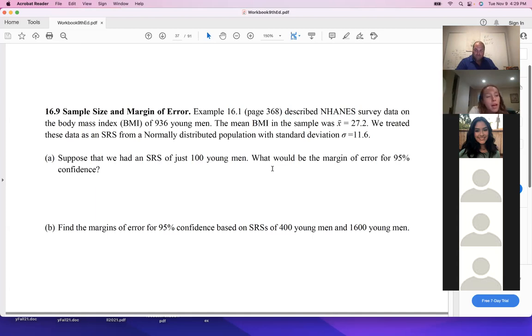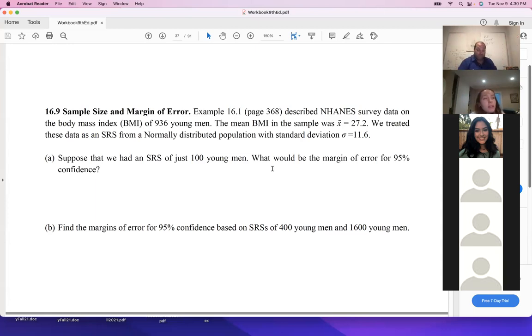But for N, I put 100. And then the way I did the margin of error is I just subtracted the big one and the small one. But I think there's an actual formula for it. There is an actual formula, and that's how I did it, by the way. But the way you did it is perfectly fine as well. You got the confidence interval, you took the endpoints and you basically did half the distance, which is the margin of error.